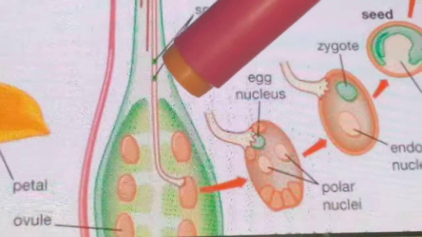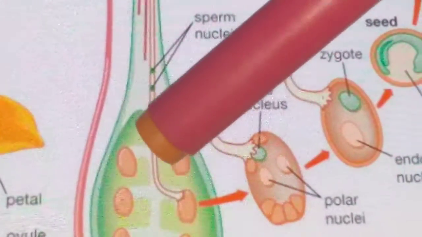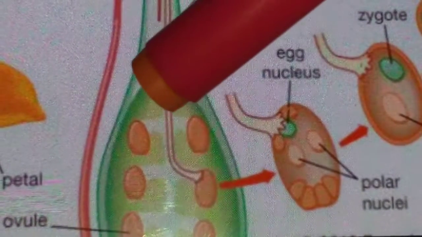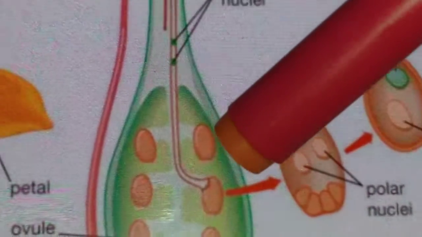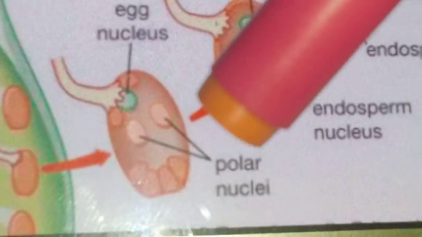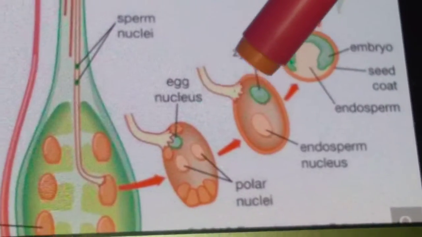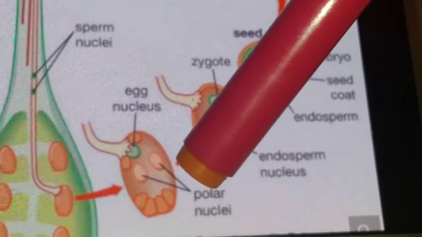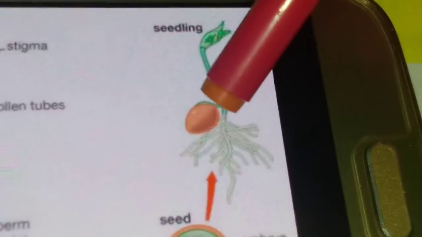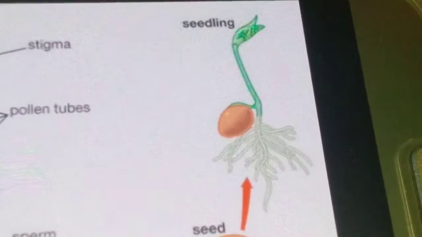And the fifth step: it fuses with the female gamete present in the ovule, and fertilization takes place. After fertilization, the ovary develops into fruit and ovules develop into seeds. Look at this process. After that, this is the seed, and from the seed, seedlings come out. Okay, this is the process of pollination.